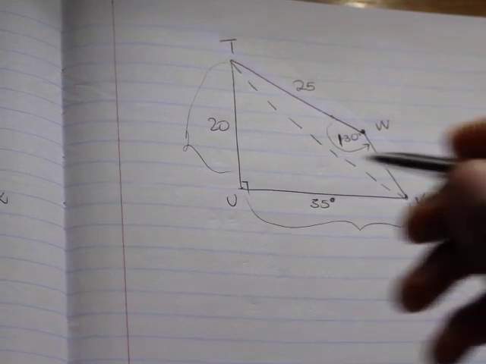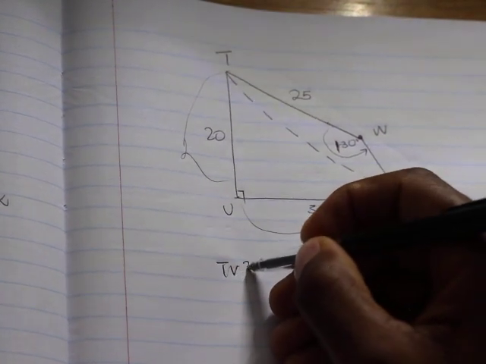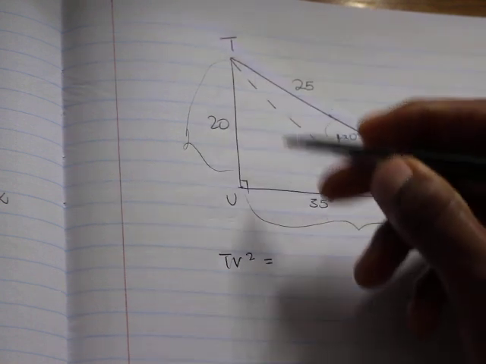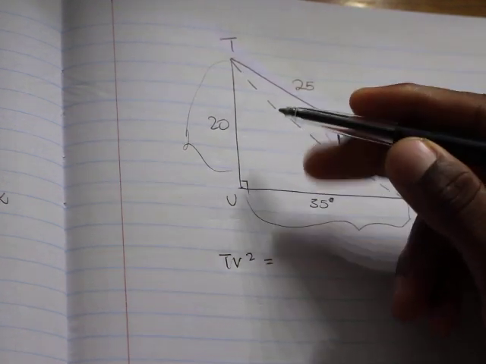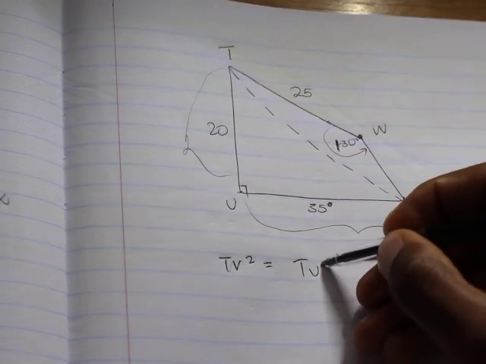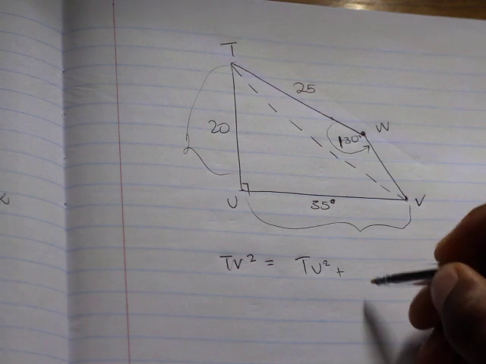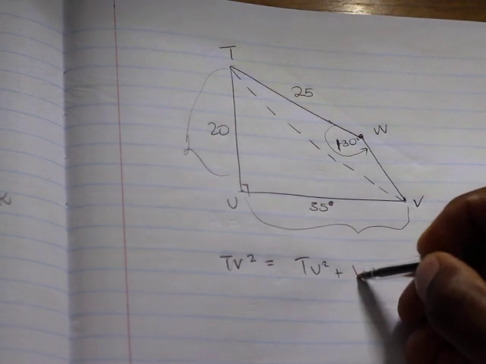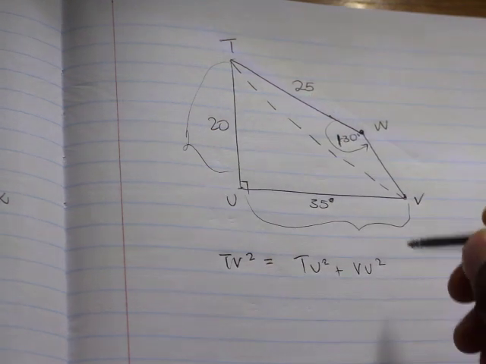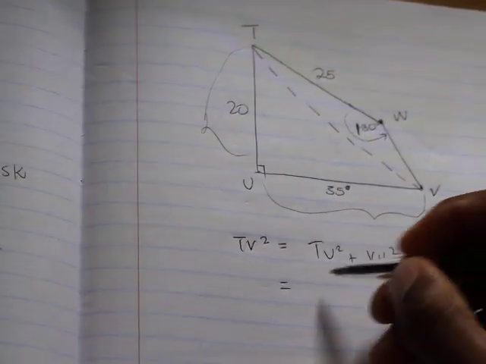You get what I mean? So TV squared is just the sum of the squares of the individual sides. So that's TU squared plus VU squared, right? Just the side and that side. So then we do the substitution.